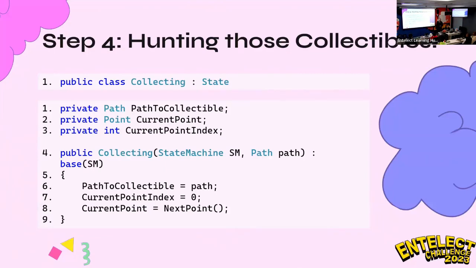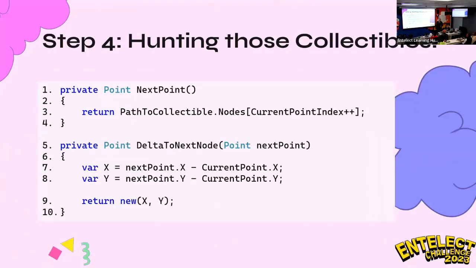It just returns the point at the current index and increments it. You will see the nodes function is an array of nodes, and we return a point here. That's where that fancy operator point thing comes in. Then we have a function to calculate the direction that we need to move in based on our next point.